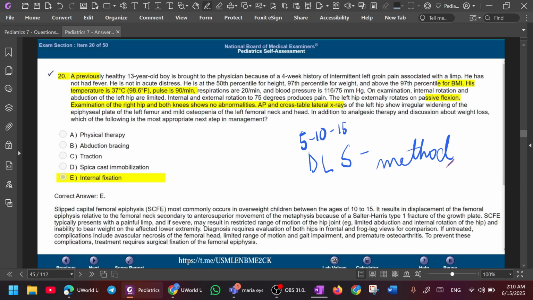Cricket is a very popular sport in our country. So in cricket, there is one method called DLS. Don't try to remember it that way. Okay. Next.